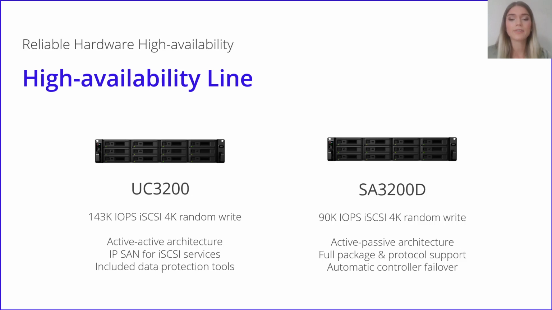And there is an active-passive architecture, which means that one of the controllers will stand in a passive mode until there is an issue with the active one, and they will do an automatic failover to make sure that the NAS keeps running at any moment. Therefore, if you're looking for hardware level protection, we have a SAN model, the UC3200, and a NAS model, the SA3200D.